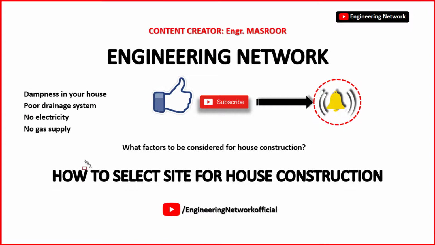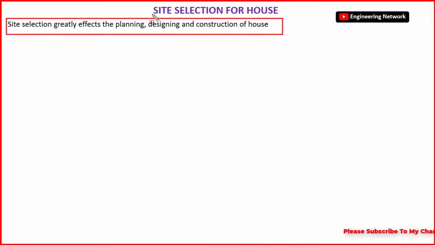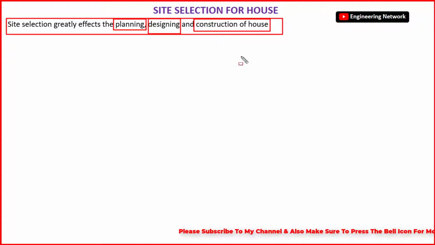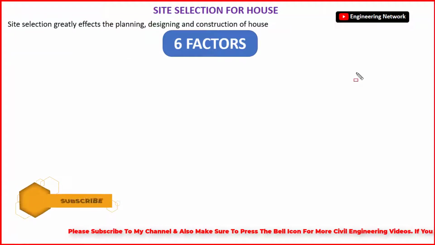So let's start. Our topic for today's video lecture is how to select a site for house construction. The site selection for a house or building greatly affects the planning, designing and construction of a house. So there are 6 factors that you should remember and consider before you start constructing your house.